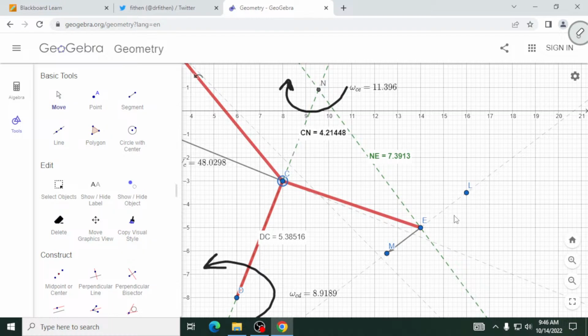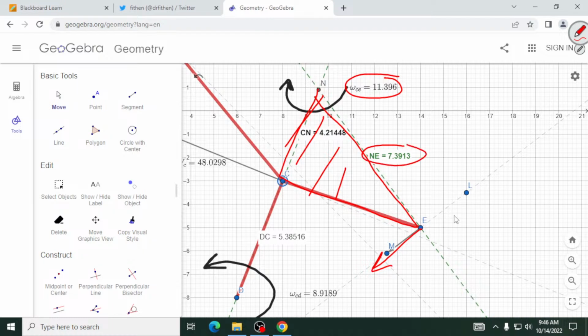I lost my train of thought. Okay, so I'm looking for this velocity. Again, this is on this link. Now I know its omega is that, and I know its distance is that.